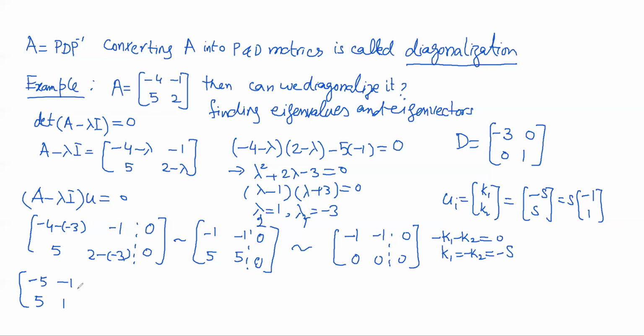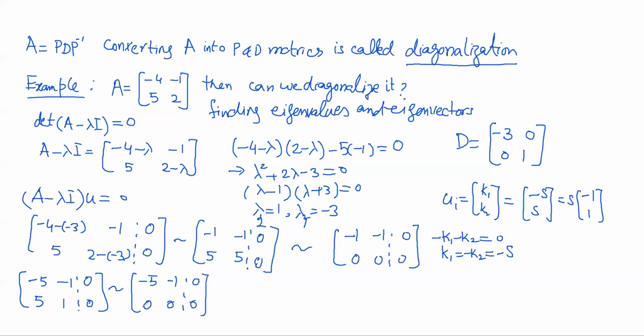For the homogeneous case, we get minus 5, minus 1, 0, and then we add this, so it will be 0, 0, 0, 0.